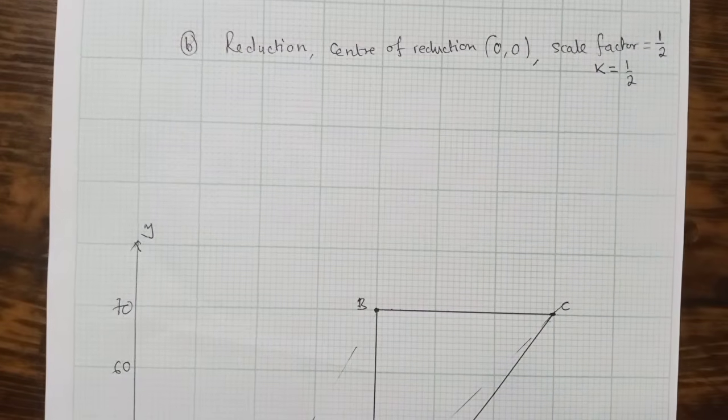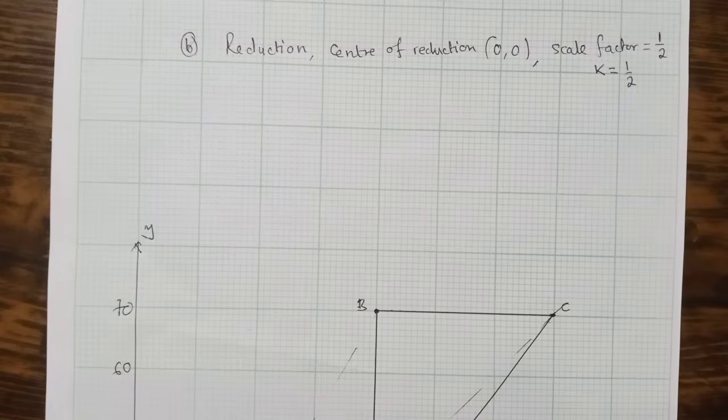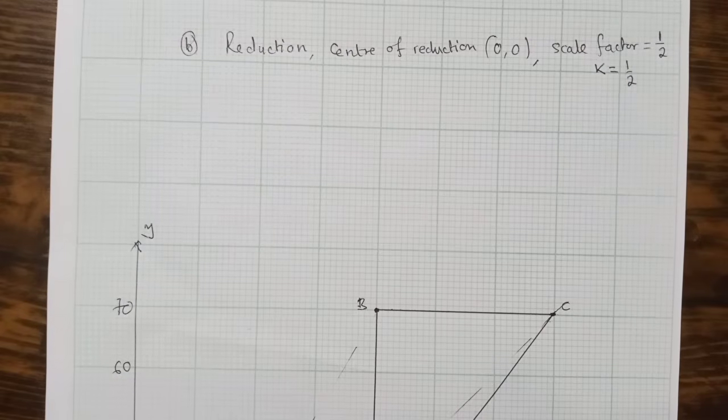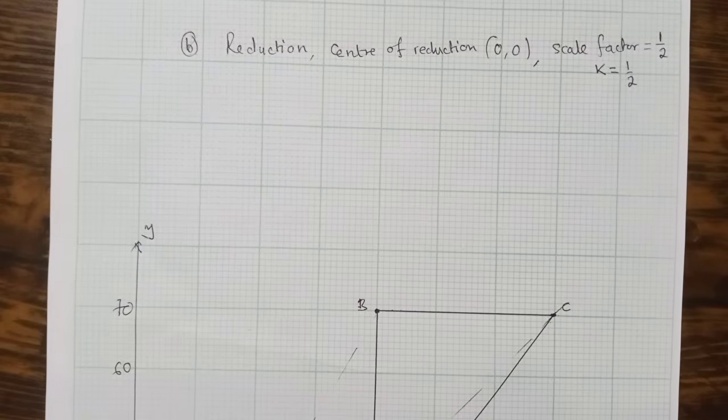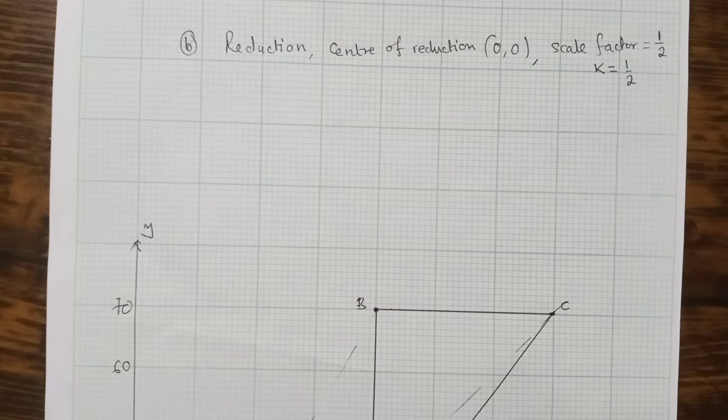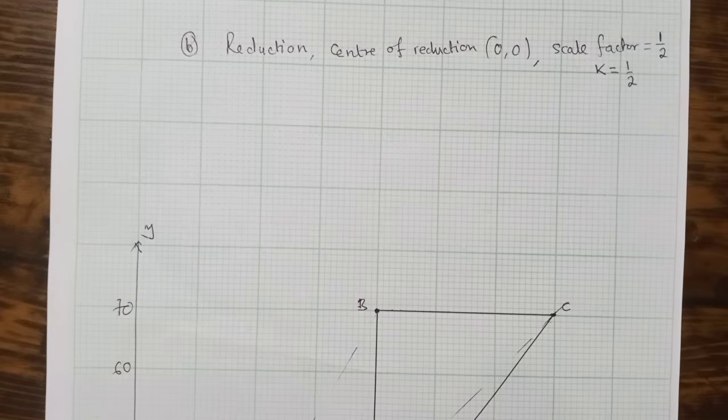So we go to the next question, which is question C. For question C, they are saying a rotation of 180 degrees about 20,40 maps triangle A1, B1, C1 onto triangle A2, B2, C2. Determine the coordinates of A2, B2, and C2.